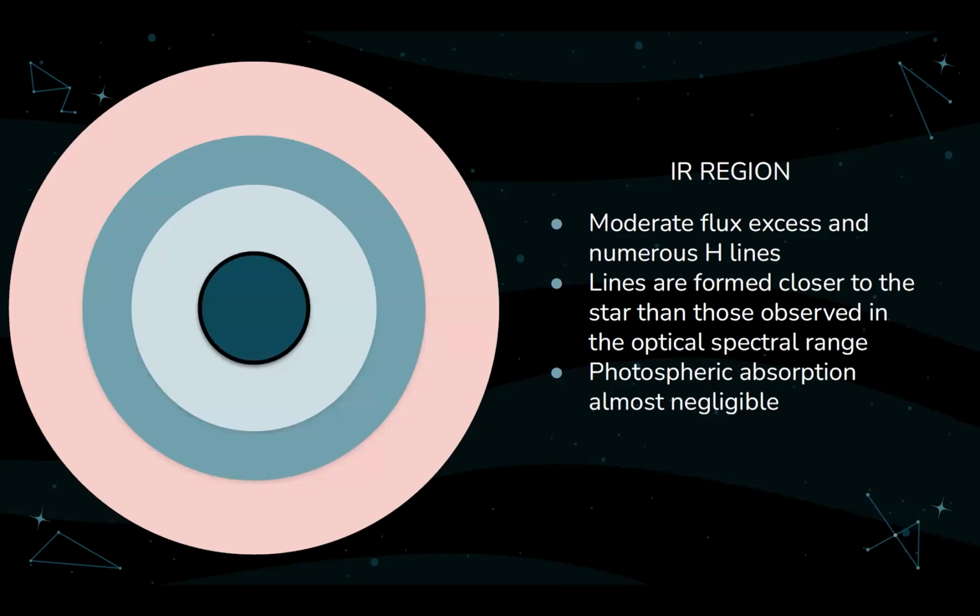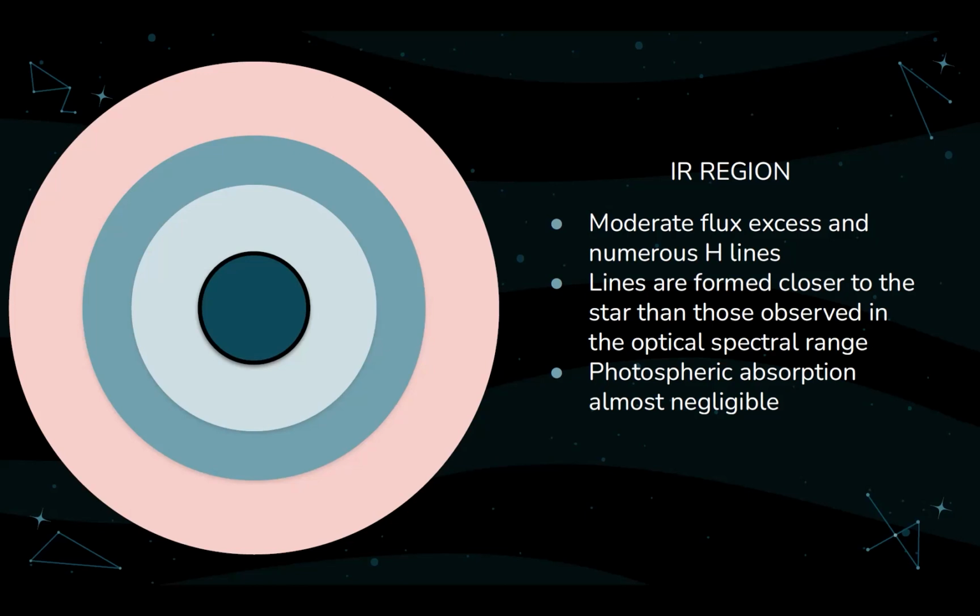So what do we want to observe in the infrared region? Well, in this region, these stars present moderate flux excess and a lot of hydrogen lines. These lines are formed in a region that is closer to the star than the lines that we can observe in the optical part of the spectra, like H alpha or H beta. For example, this is a schematic. If we have the central star, we can see that there is one region for each of the different lines that we are observing.